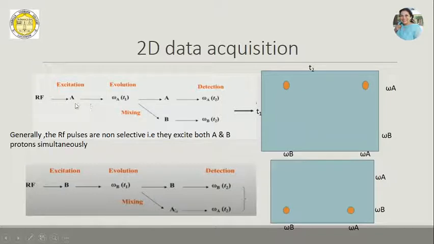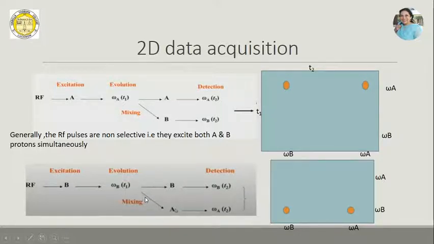This is what I described for nucleus A. It can also happen that nucleus B is excited, because it will be simultaneously excited. If nucleus B is excited, after evolution I will get an FID equal to cos omega B t1, and then magnetization transfer will happen, which we refer to as mixing.